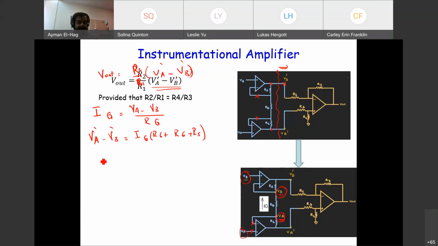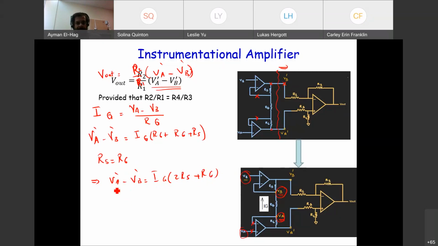Now let's assume that R5 is equal to R6, to make things simpler. Then your VA prime minus VB prime is equal to IG times 2R5 plus RG. Okay, very good.